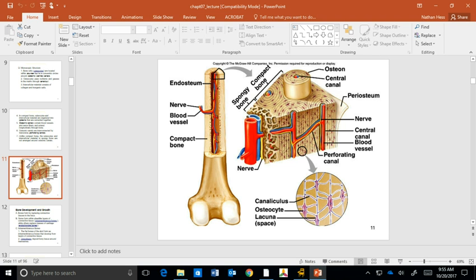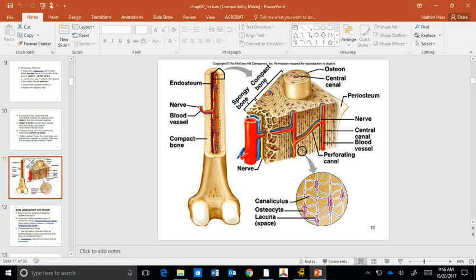Nerves. You got it. I always think these look like tree trunks. If you take a tree trunk and cut it, that's what it looks like. You need ways for blood and nerves to get into the bone. That's what those central canals are for.